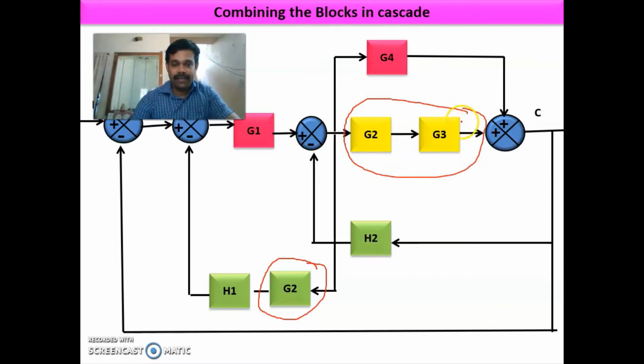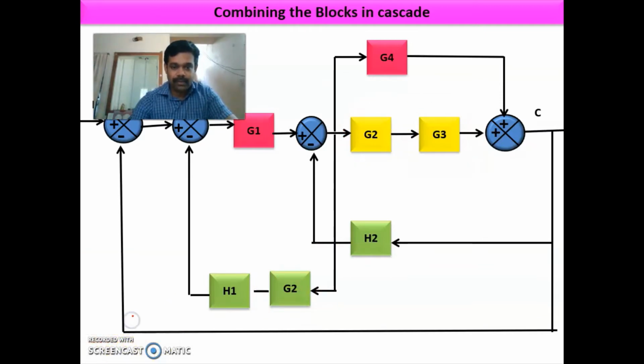Please listen. The first step we have done is we have moved this branch point from here to here. Initially it is in this place. We have moved here. So while moving, we have multiplied it by a G2. Why? Because initially it is like this. When you are taking from here, this G2 will also come in this line.